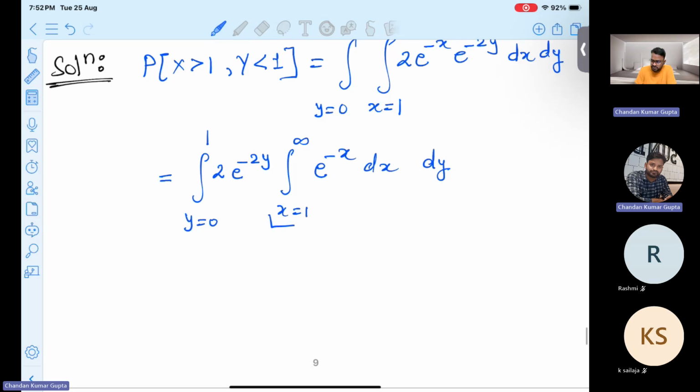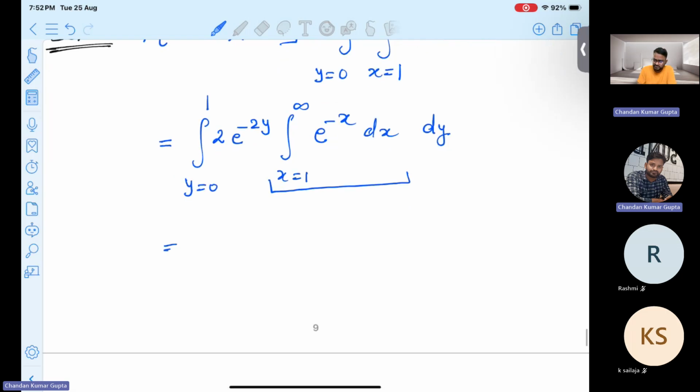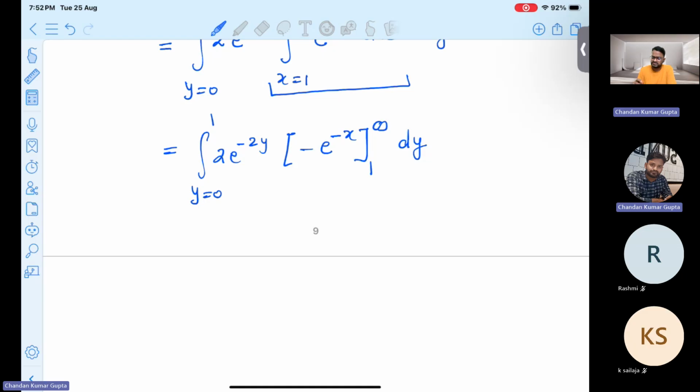The integral of e to the power minus x is minus e to the power minus x, from 1 to infinity, dy. Simple.